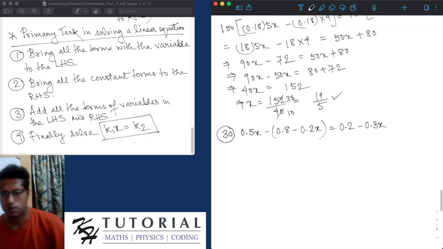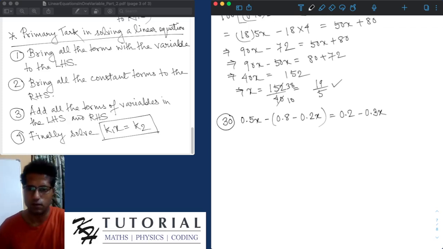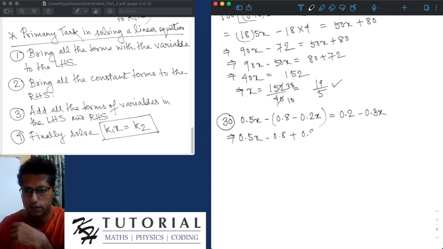For this problem, if I proceed in a straightforward way, I will first open the grouping symbol, and this will become 0.5x minus 0.8 plus 0.2x equals 0.2 minus 0.3x.